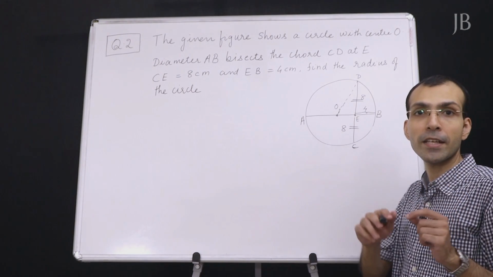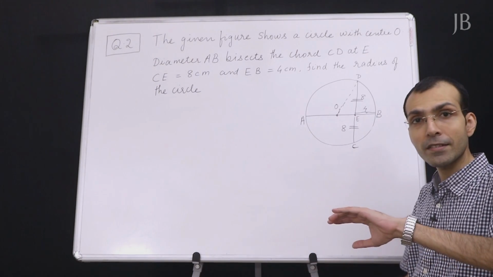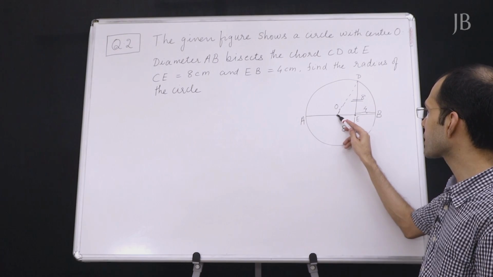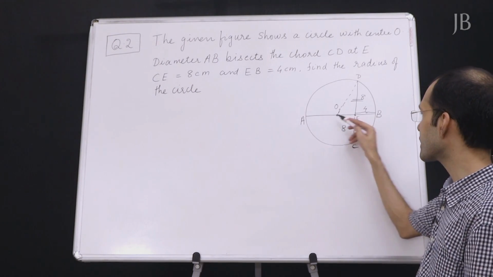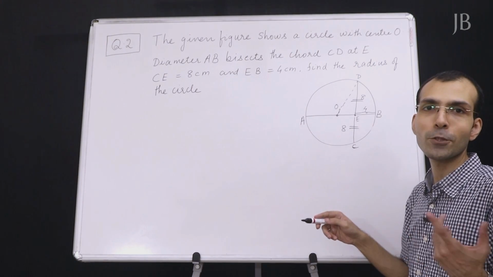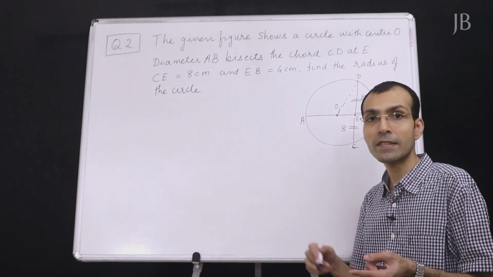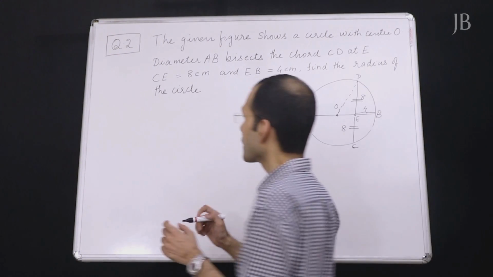First one was: perpendicular drawn from the center of a circle bisects the chord. And then we studied its converse, that if you take the center of the circle and the midpoint of the chord and join them, then that angle is going to be 90. So here the first concept is not used; the second concept is used, the converse of the first concept.